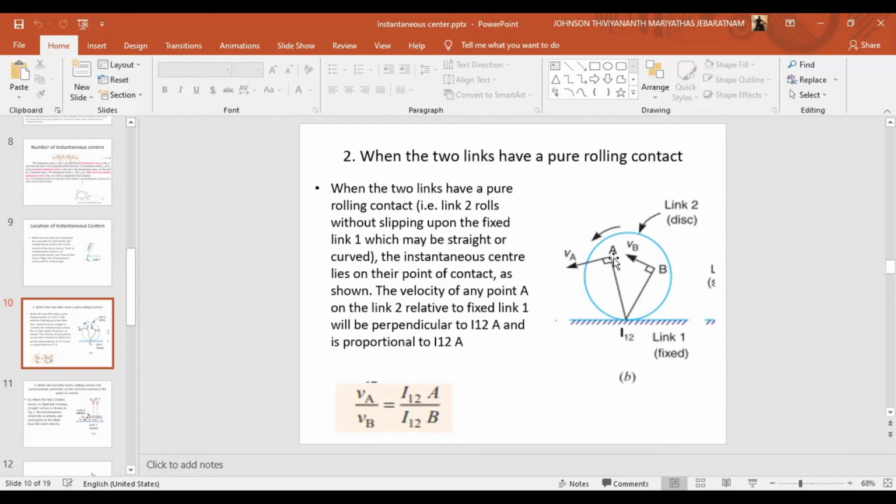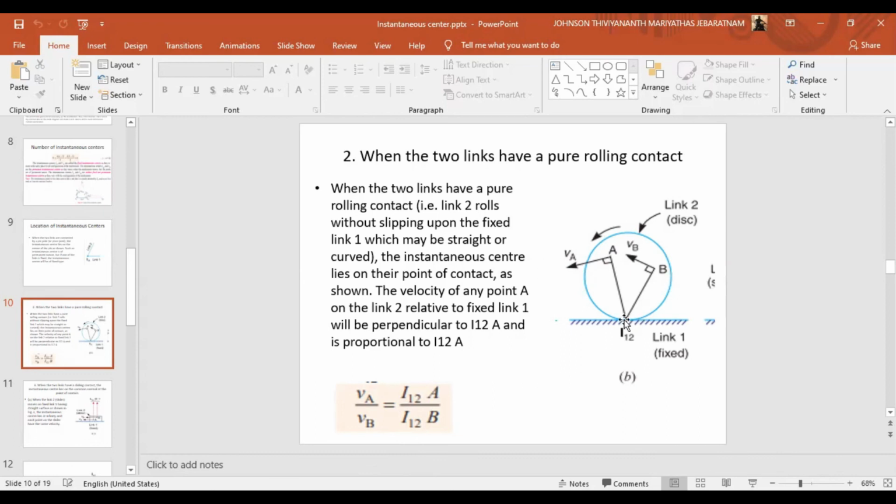Proportional to this distance. So VA upon VB, VA is the velocity of point A and VB is the velocity of point B, is equal to I12A upon I12B. This distance upon this distance, the ratio will be VA upon VB, which means if the distance between I12 and this point is increasing, the velocity will also be increasing.